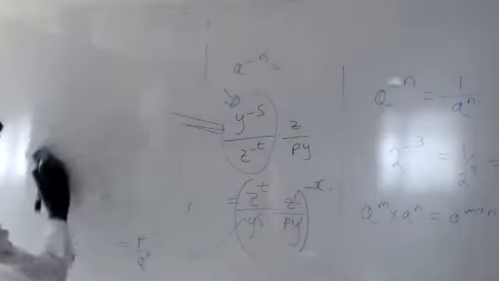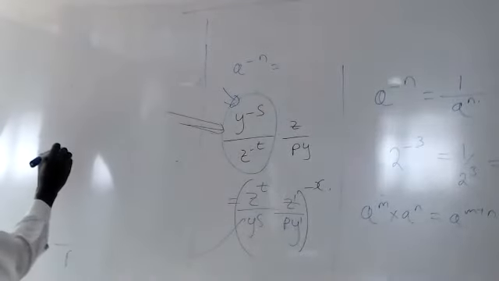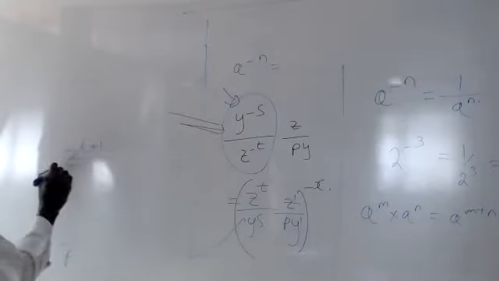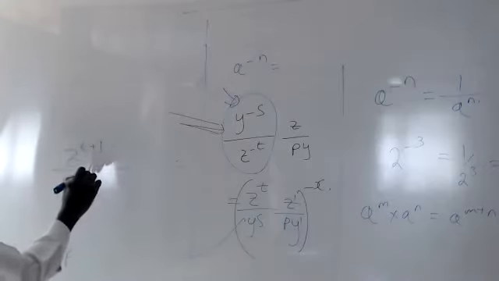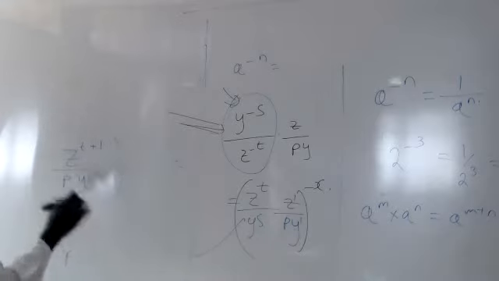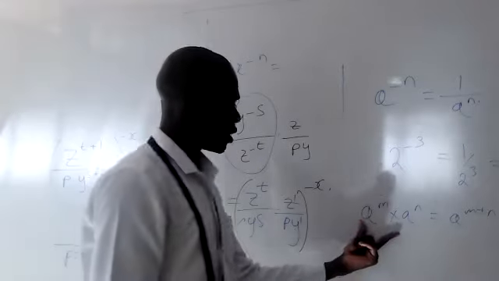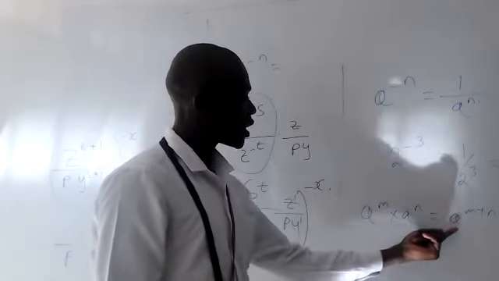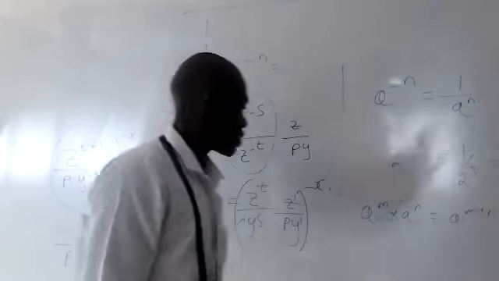So we can write this in the numerator, z raised to t plus 1 divided by p y raised to s plus 1. All these raised to minus x. So here I've applied this rule that if you're multiplying two terms with the same base, it's the same as taking the base and raising it to the sum of the exponents.